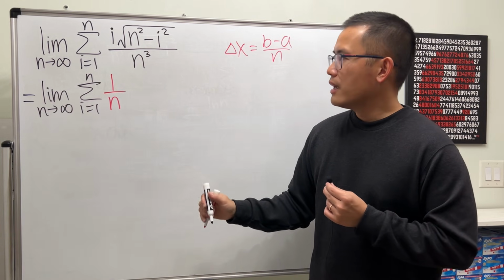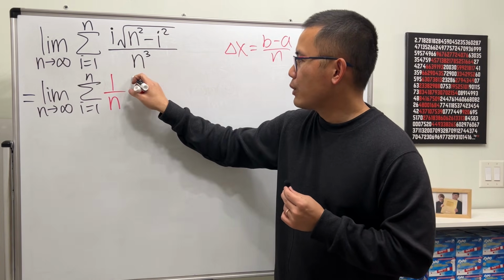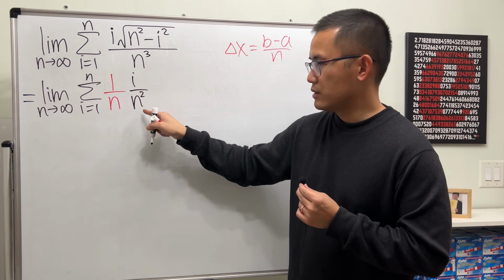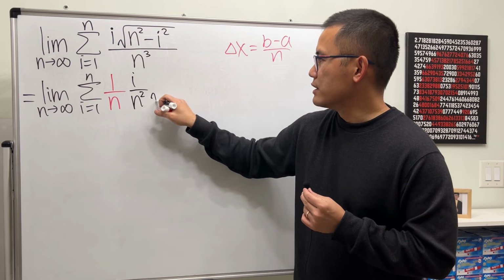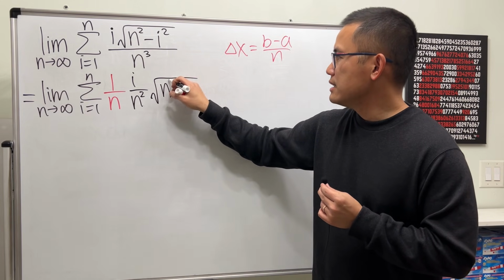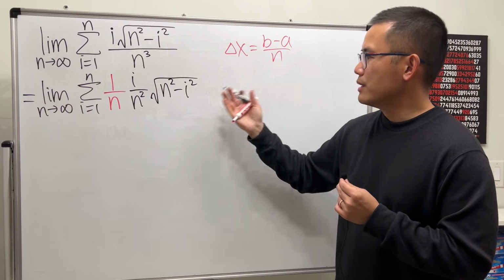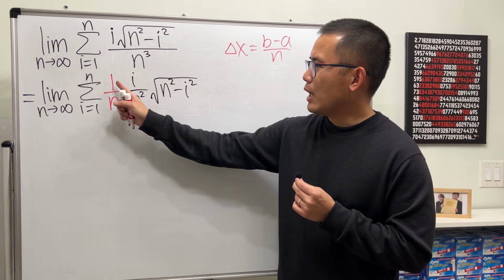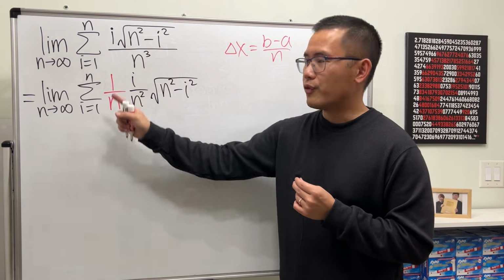And then I will have the i over n, I need 2 more, right? So like this. And then of course we have the square root of n squared minus i squared. Okay, that looks pretty good. So it looks like our delta x is 1 over n.